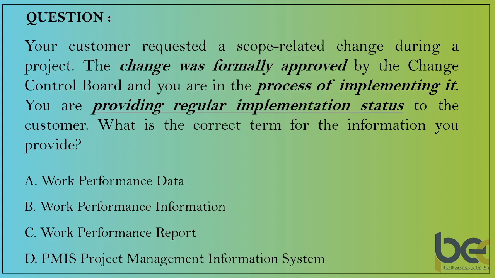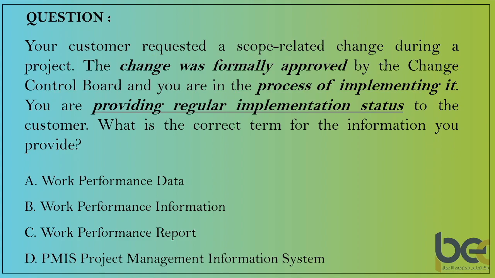We will now try and understand what is the difference between work performance data, work performance information, work performance report. Right off the bat, I would like to tell you that PMIS, Project Management Information System, is basically an application or a software that the company uses to make sure that all the communication goes through one single system. A project is something that is going to last for a long period of time and people will come and go during the duration of the project.